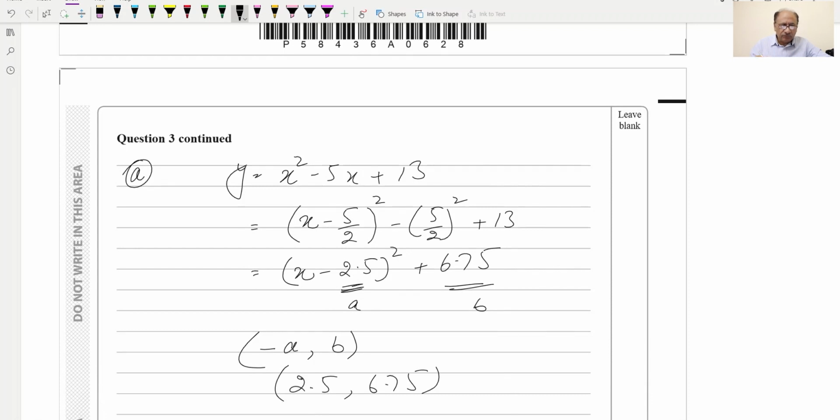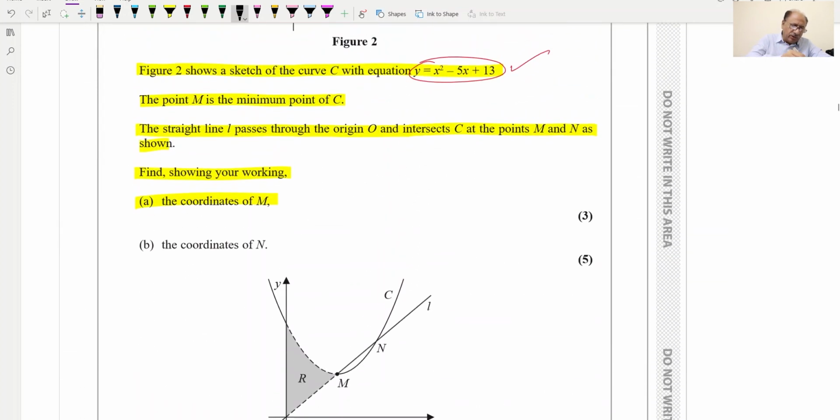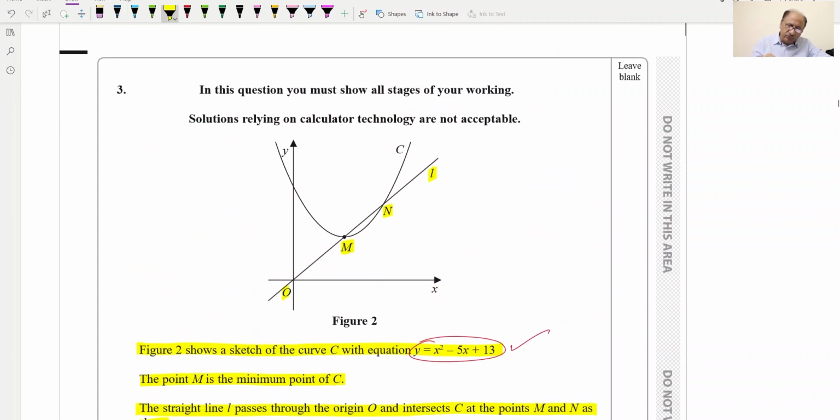So this will be the minimum point M. Basically we will have these coordinates which we have shown. And for the B part, it says the coordinates of N, and where is N? N is over here.